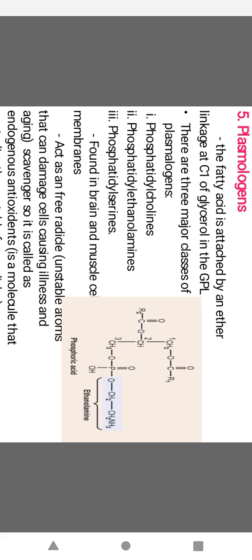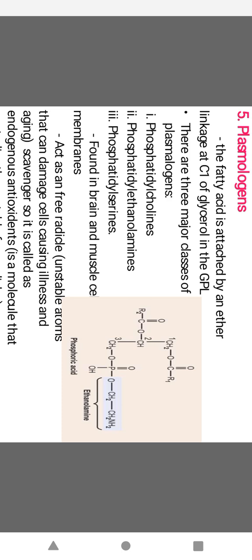Next group is plasmalogens. Next we see about plasmalogens. The fatty acid is attached by an ether linkage at C1 of glycerol in the glycerophospholipids. There are three major classes of plasmalogens: phosphatidylcholine, phosphatidylethanolamine, phosphatidylserine.